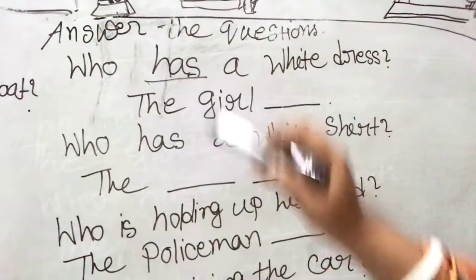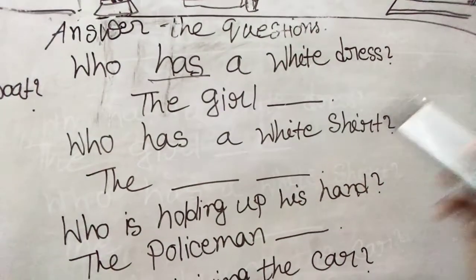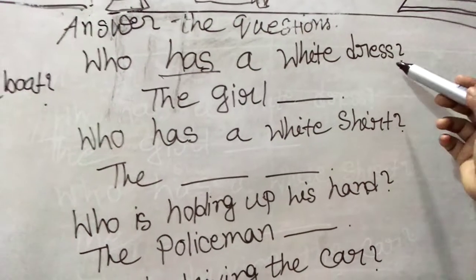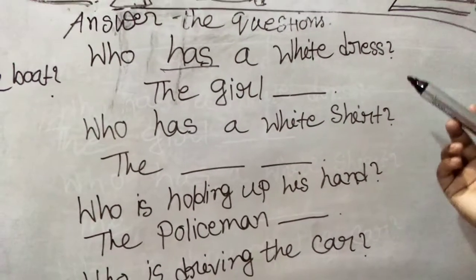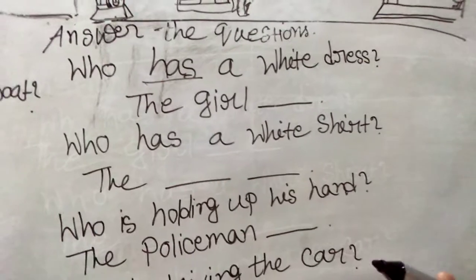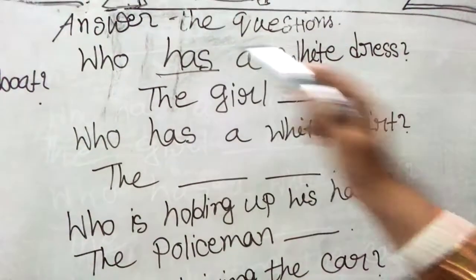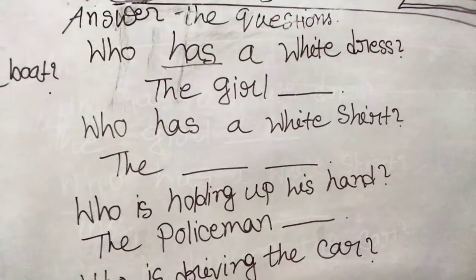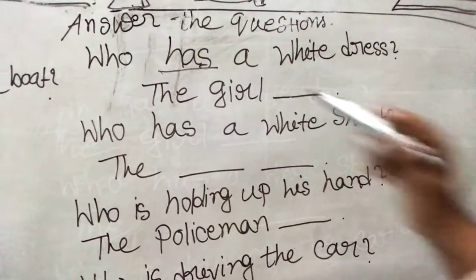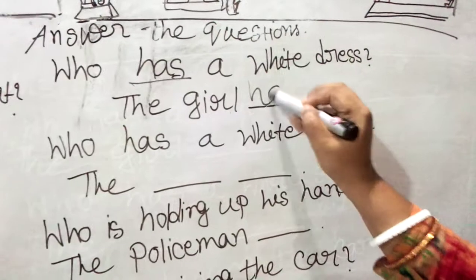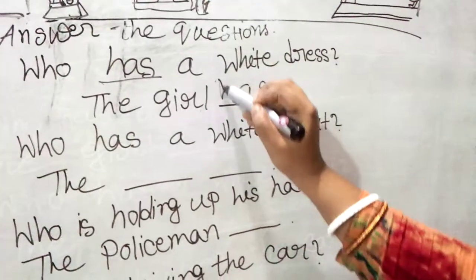It is "has". If "has" is given in your question as your auxiliary verb, then what should you do? You need to mention this "has" again in the answer also. So here the answer would be: the girl has. Please note it down.